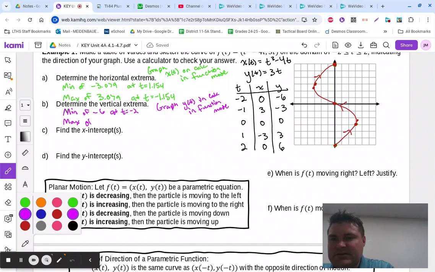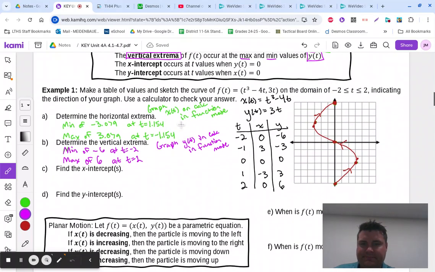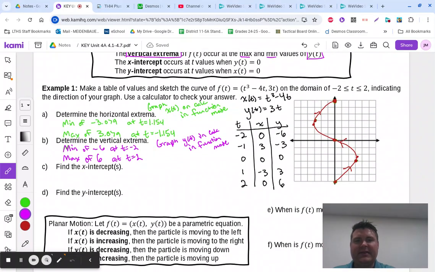And I have a max of 6 at t equals 2. Okay. So a little bit easier on just a line. That cubic function inside of the x of t made it a little bit different.